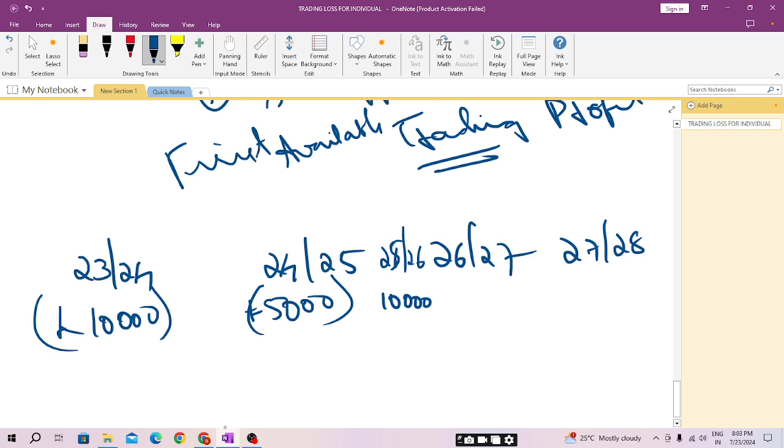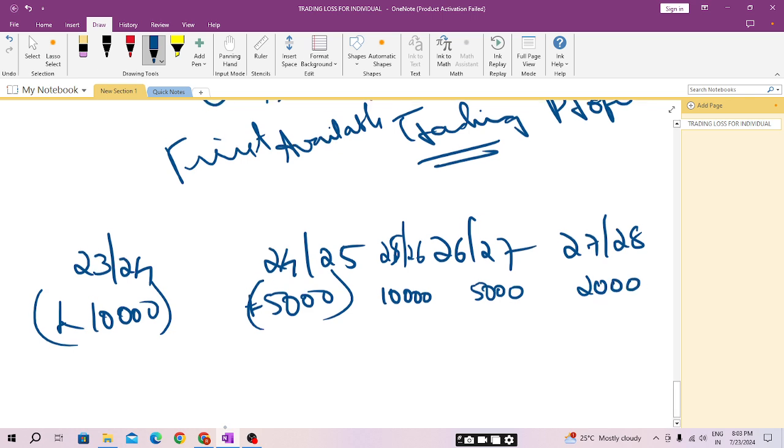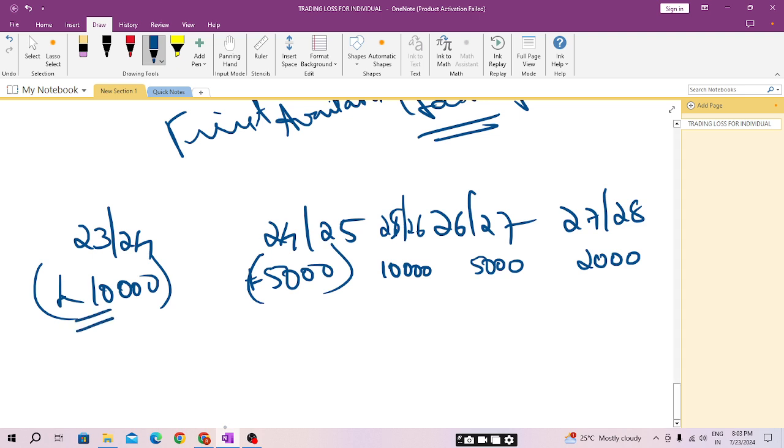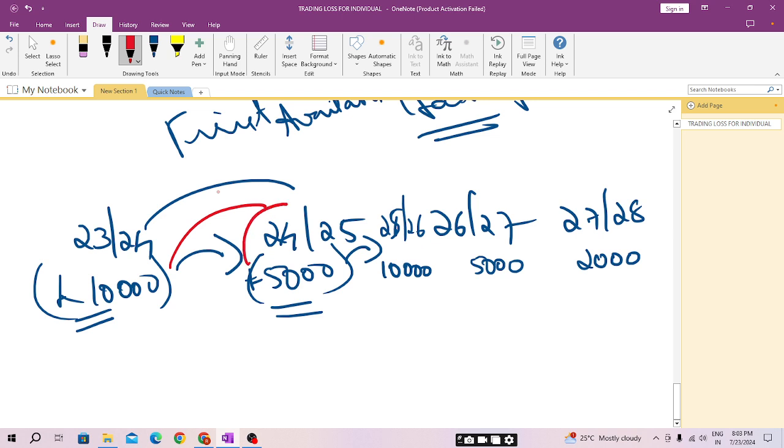In 26-27 we had 5,000 pounds of income. So students, this year we have not opted for option number 1, that is, set off against total income. So it will automatically be carried forward to the next year. Coming to the next year, here also we have a loss, so it will also be carried forward. This 10,000 loss also will be carried forward. This 15,000 will also be carried forward.